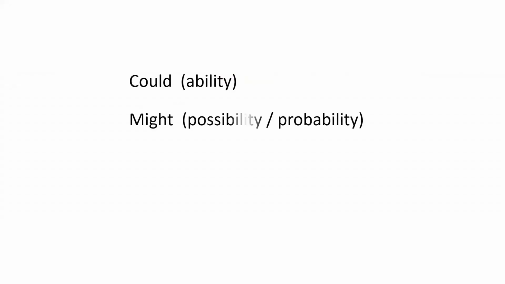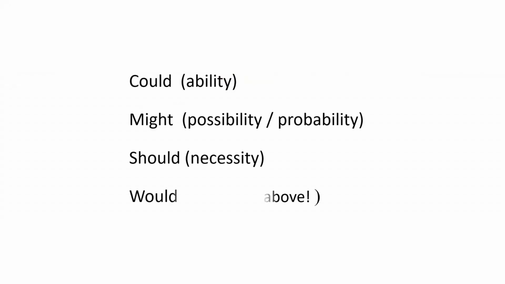And then suppose that you forget them or you're not that exact, you can have something in between, which is would. So in a way, it's a bit of all the above. Okay, so again, if you're not sure which one is better, could or might or should, you can use would.